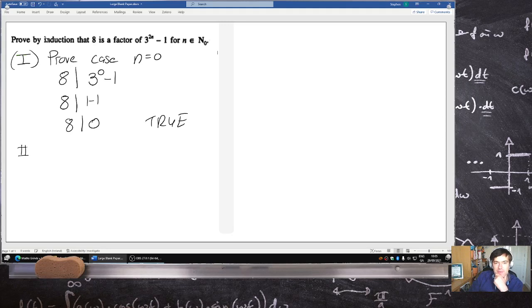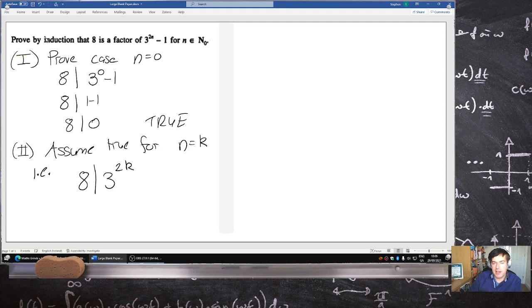Step 2, we assume it's true for n equals k, i.e. 8 does divide into 3^(2k) minus 1.